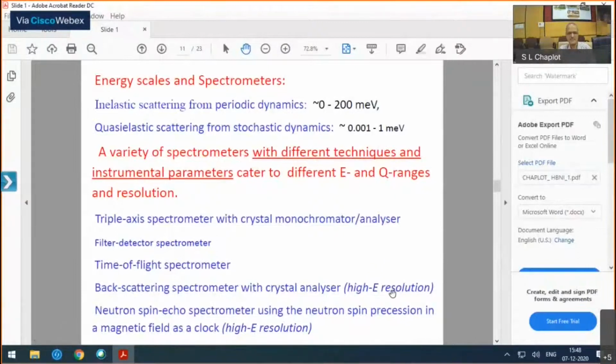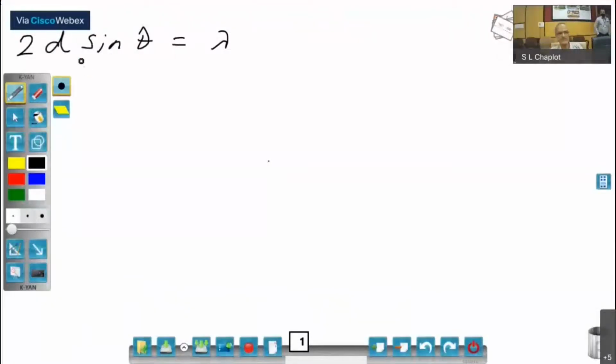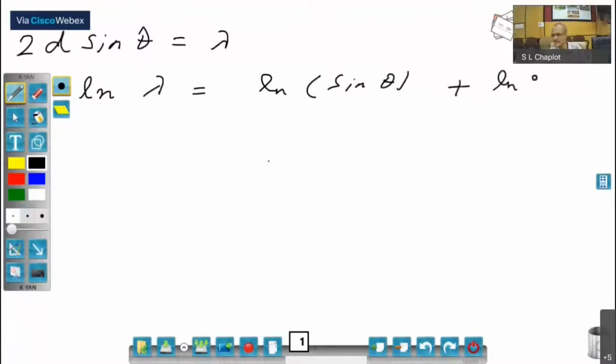How do we get a very high energy resolution in the backscattering spectrometer? Very good. We have these Bragg relations, so now let me just differentiate it. ln of lambda will be equal to ln of sine theta plus ln of 2d.